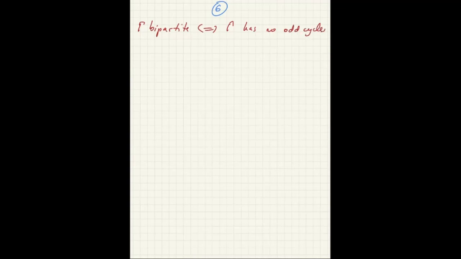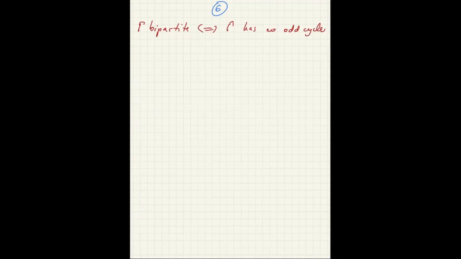And how is that true? Well, the first part is easy because if gamma is bipartite, it doesn't matter how many components it has, it's obvious that in each component you cannot have any odd cycles. So that does it.